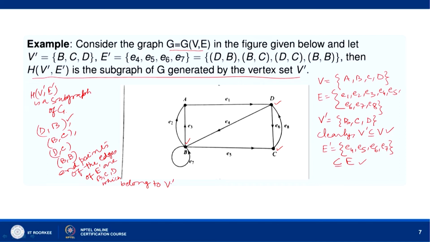So, H B dash E dash is the subgraph of G generated by the vertex set B dash.